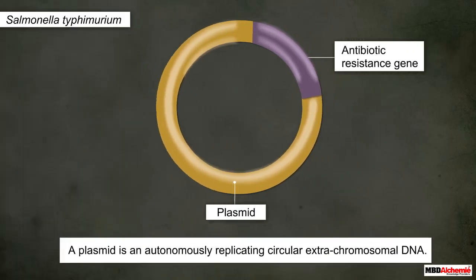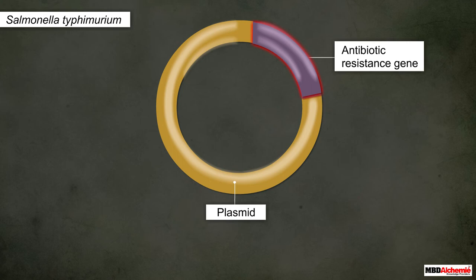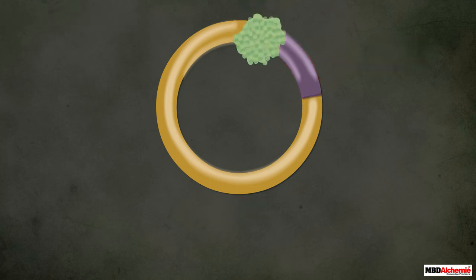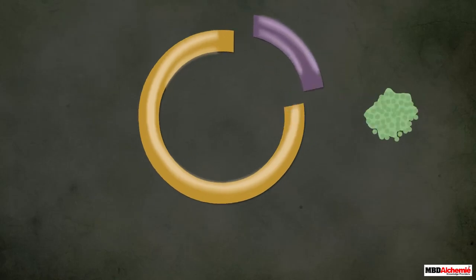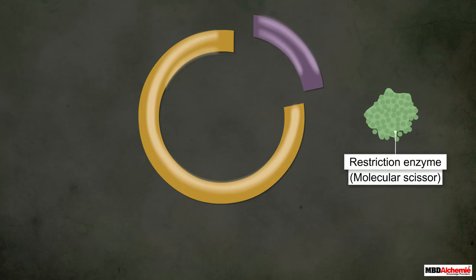A plasmid is an autonomously replicating circular extrachromosomal DNA. The gene was responsible for conferring antibiotic resistance. The gene was isolated by cutting the desired piece of DNA from the plasmid. For cutting DNA at a specific location, restriction enzymes, also known as molecular scissors, were used.